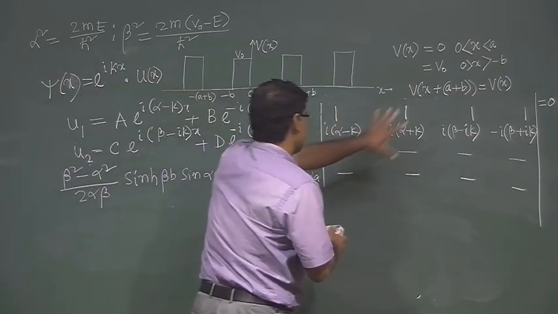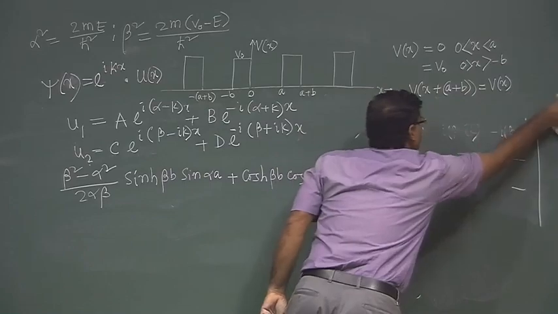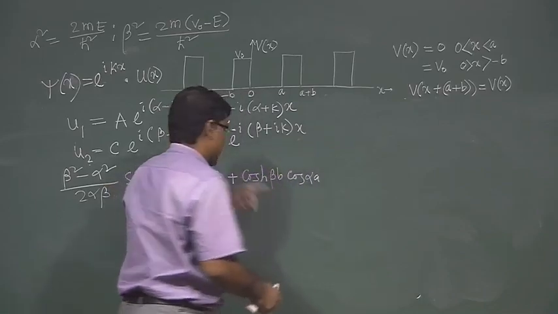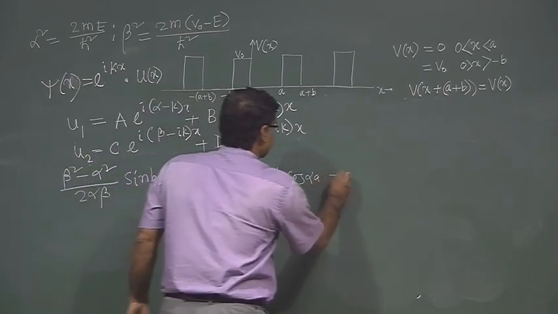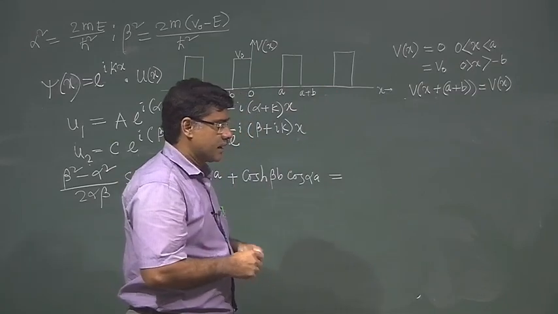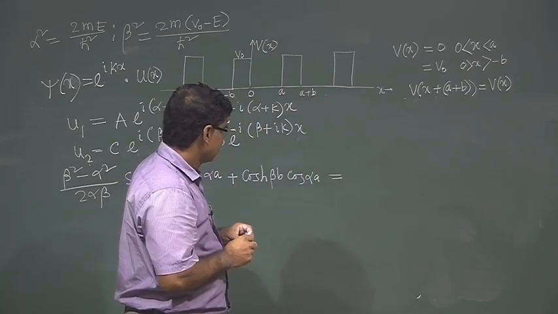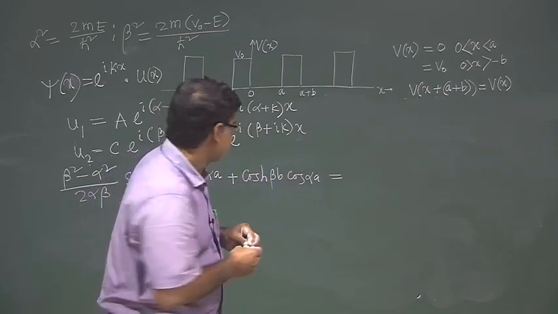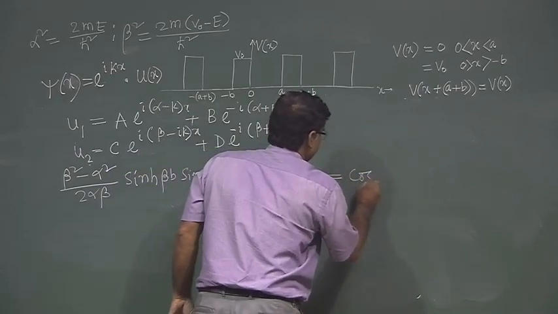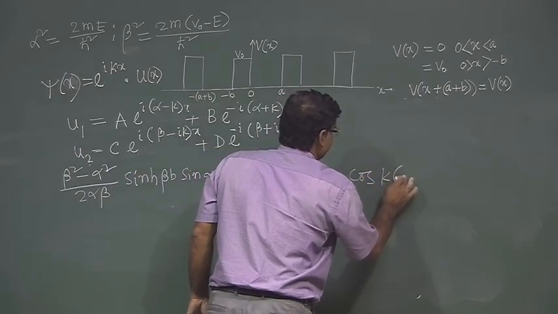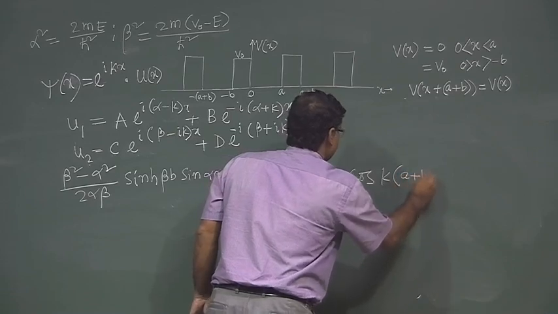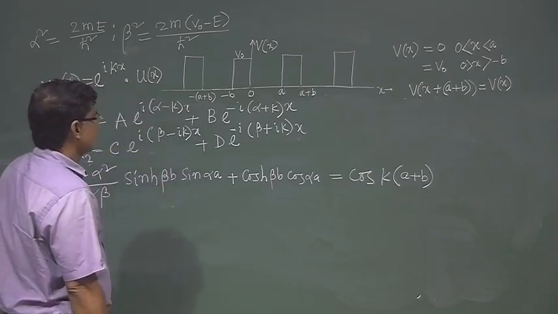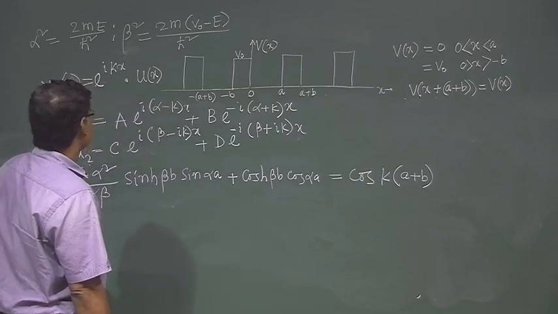So from this determinant, if you solve, then finally we will get this type of condition that will be equal to cos k a plus b, okay, cos k a plus b.